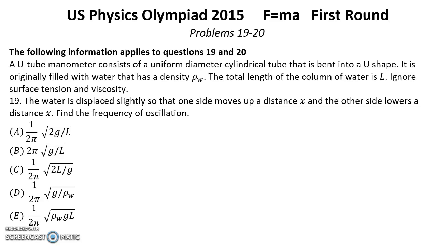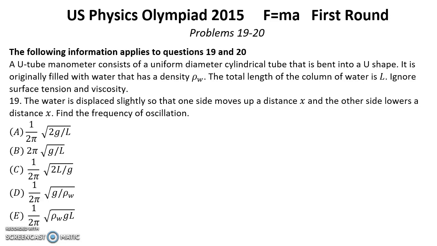The total length of the column of water is L. Ignore surface tension and viscosity. Question 19. The water is displaced slightly so that one side moves up a distance x and the other side lowers a distance x. Find the frequency of the oscillation.